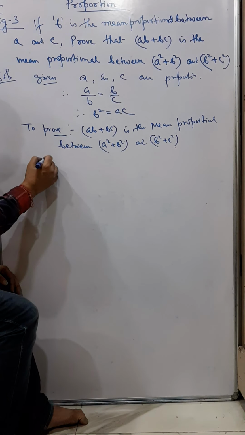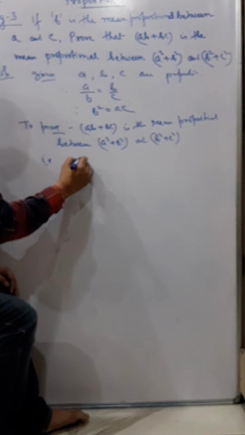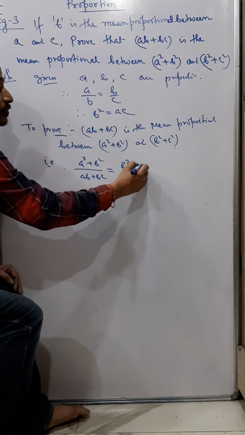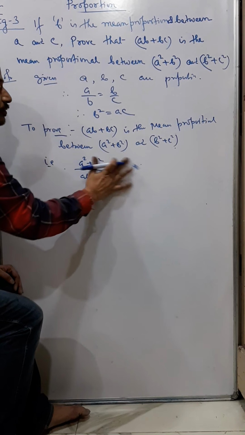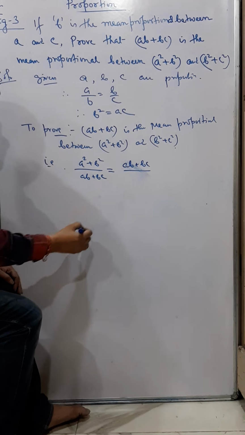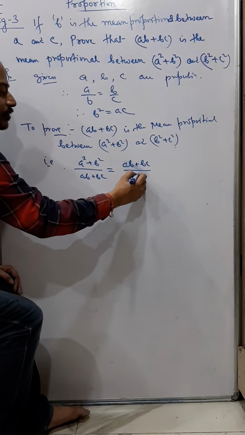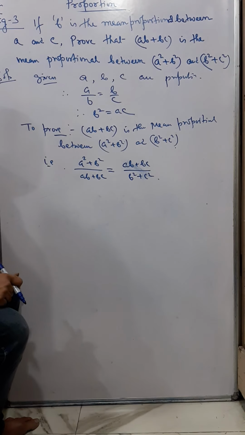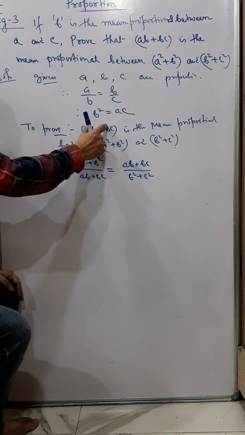That is what we have to prove. We have to prove that A square plus B square by AB plus BC is equal to AB plus BC by B square plus C square, right?